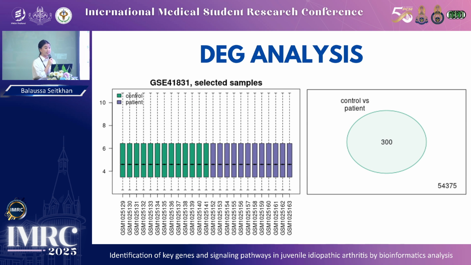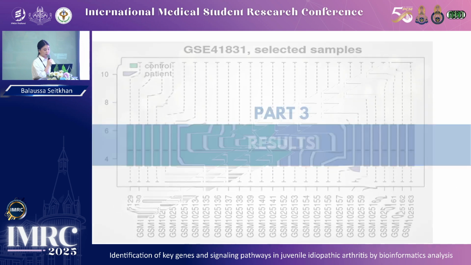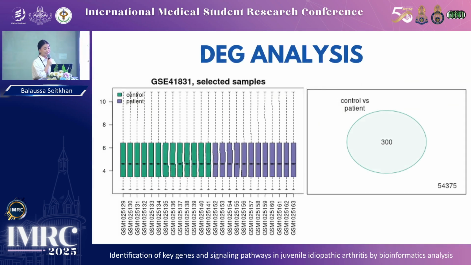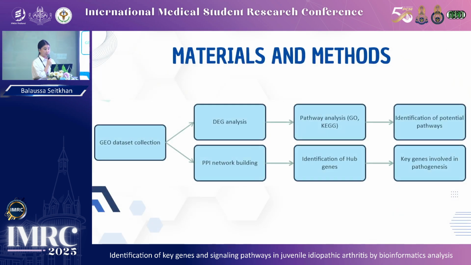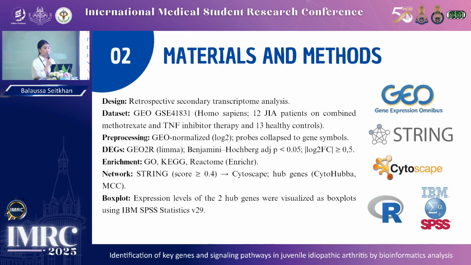We performed this on the Gene Expression Omnibus platform, and for this we used the GEO2R tool. And look at this, it's not samples, it's genes. The samples total 25, and the 300 are genes. The 12 and 13 are the samples, the patients.